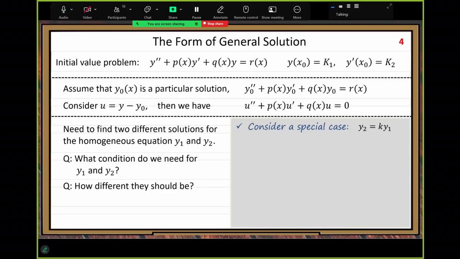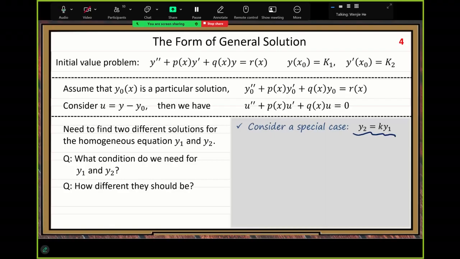But we need to use a new mathematical concept to tell us if y2 is okay or not. So that is the concept of linear dependence and linear independence. In this case, if y2 and y1 satisfy this condition, y2 equals K times y1, we call y2 and y1 linearly dependent.